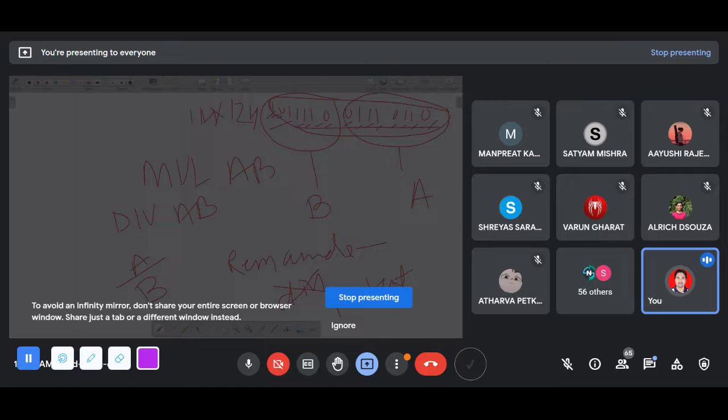So this result, which is in the form of remainder and quotient: the remainder will be stored in the B register by default, and the quotient will be stored in the A register by default.